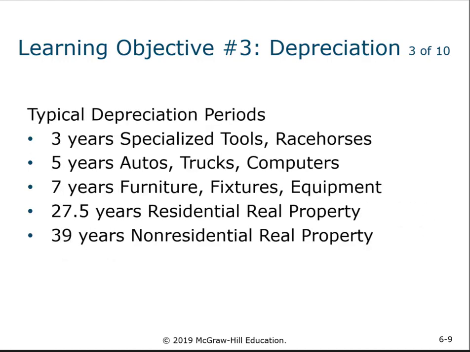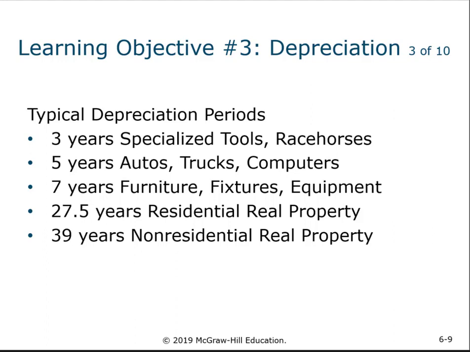So in an effort to make your life simpler, the IRS has basically said you don't really get to choose the useful life of the assets. We're going to basically tell you what the useful life is. And so almost all of our assets fall into these 5 depreciation periods.